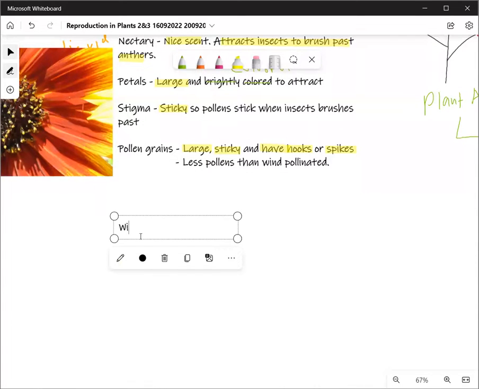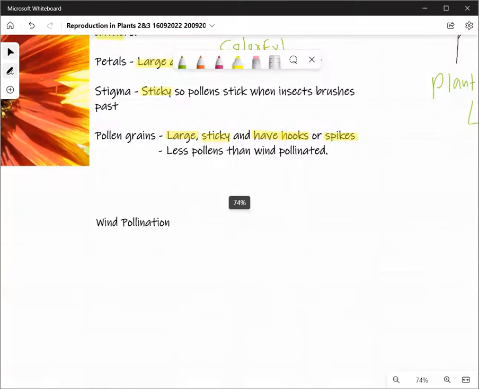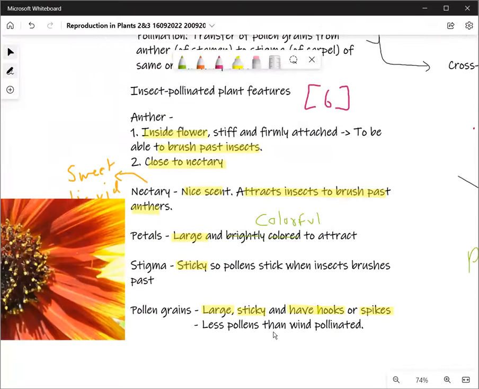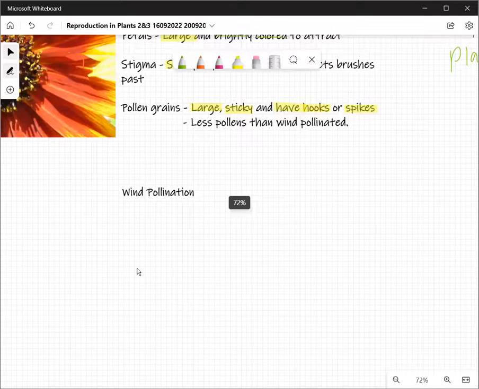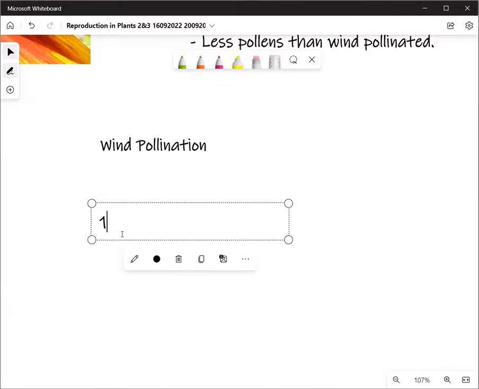Now the next thing we have is wind pollination. How do they differ? Now they have the same exact things, but they're kind of different. How are they different? First thing first, they have dull petals. Dull and small petals.